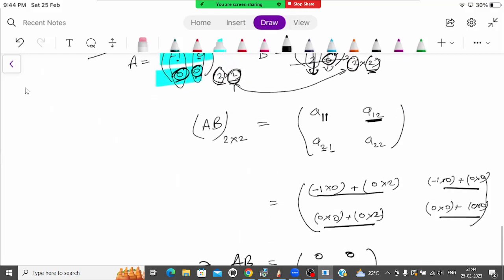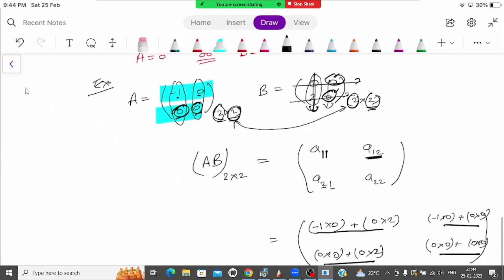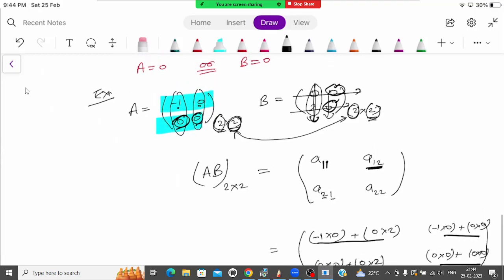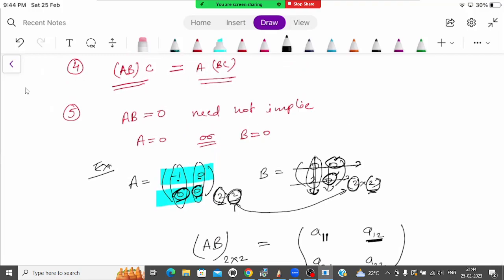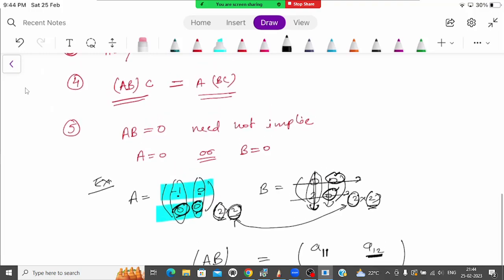But is A the 0 matrix? No, it is not, because A is -1 0 0 0, and B is also not a 0 matrix, because its first row is 0 0, second row is 2 0. So if AB is the 0 matrix, it need not be implied that A is 0 or B is 0. Okay, so this is the proof.